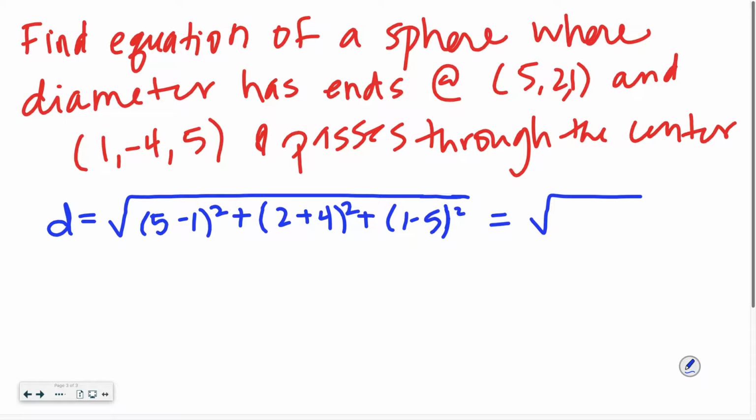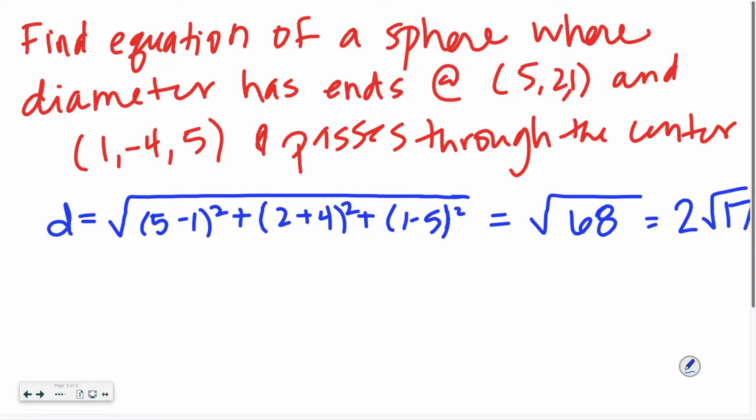So we have 16 plus 36 plus 16. 68? Is that divisible by 4? Yeah. It is. So it is 17.